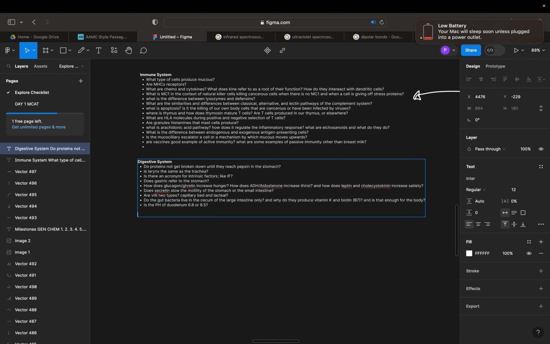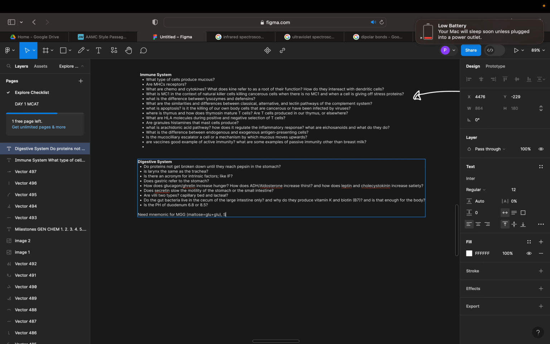So we need a mnemonic for this. We have MGG: maltose equals glucose plus glucose.